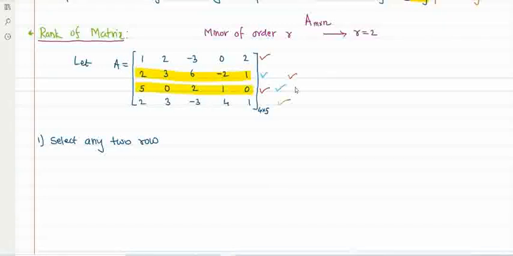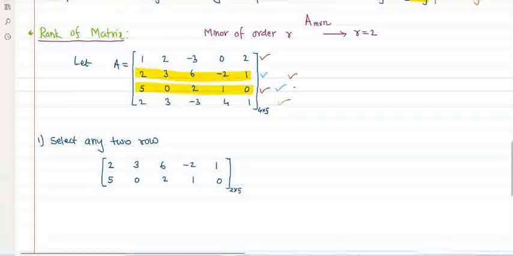If you select the second and third rows, you get a new matrix with first row 2, 3, 6, -2, 1 and second row 5, 0, 2, 1, 0. By performing step 1, that is, by selecting any 2 rows, you get a new matrix of order 2 by 5.